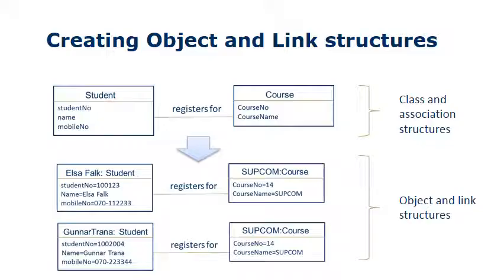So, for example, under the class and association structure, we can see the first object and link structure, Elsa Falk registered for the subcom, and the second, Gunnar Trana, registered for the subcom course as well. You can see that they register to the same object, the subcom course.